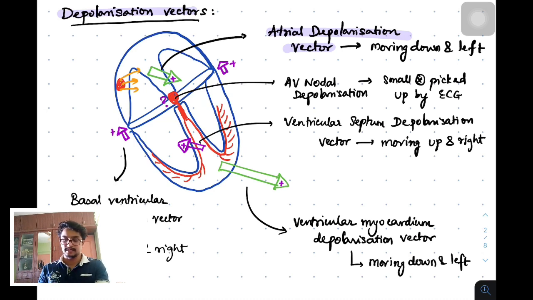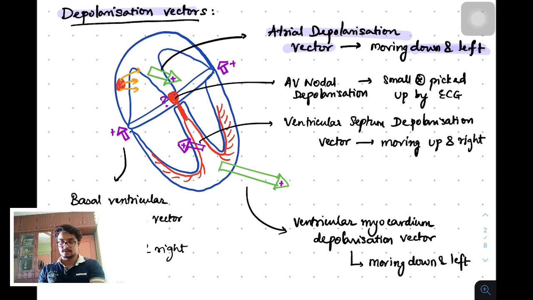That is having a positive charge and it is moving downwards and to the left side. So all of this atrial myocardium is getting depolarized, and when you combine it, it is moving towards the left side and downwards.